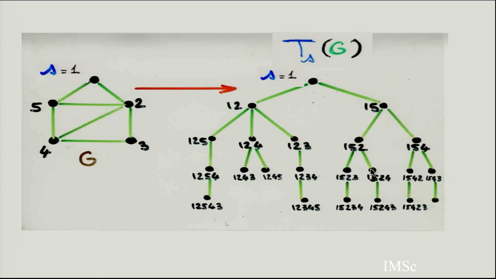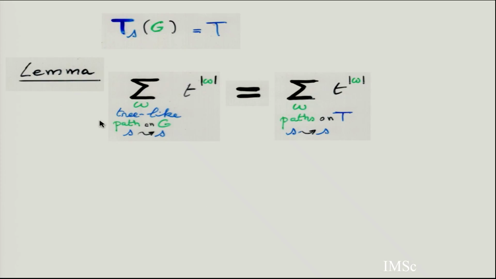So exactly the same choices in the tree. And when you go back in the tree-like path, making a cycle of length 2, then you go back in the same way in the tree. So you feel, maybe it's not a formal proof, but you feel that the generating functions are the same. The behavior of the path in the graph exactly reflects the behavior of the path in this big tree. And so I have the equality that both generating functions are the same.